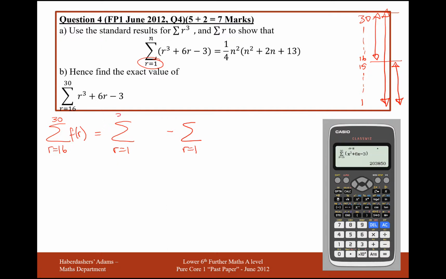So I need to add together all of my terms up to 30 and take away all of the terms down to 15, of whatever function I'm working with.